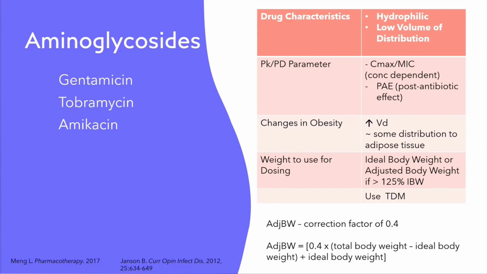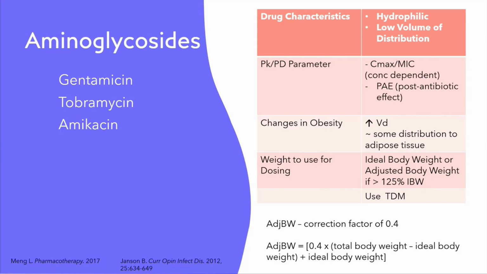So if you were to use total body weight in a patient, especially an obese patient, you will tend to overshoot those desired concentrations. So you'll get your high peaks, but you also likely get high troughs, which is what can lead to toxicity. Whereas if we do stick to ideal body weight on all patients, then we also run the risk of underdosing obese patients. So that's where we get this correction factor of adjusted body weight of 0.4.